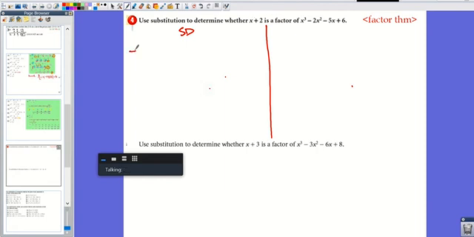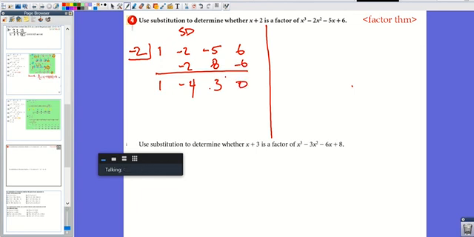I hope you know where I got that -2 from now. And I get 1, -2, -5, 6, boom, 1, -2, -4, 8, 3, -6, 0. It is a factor. Or how about this: -2, 0 is an x-intercept.